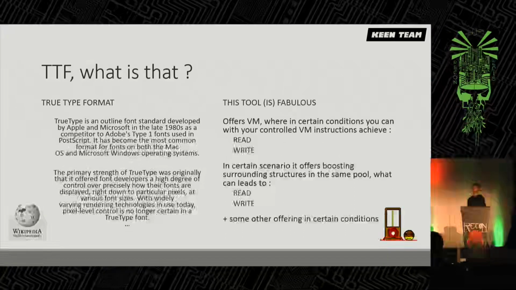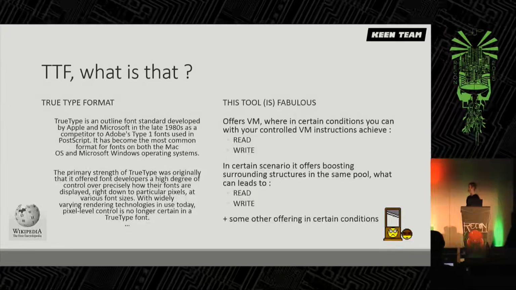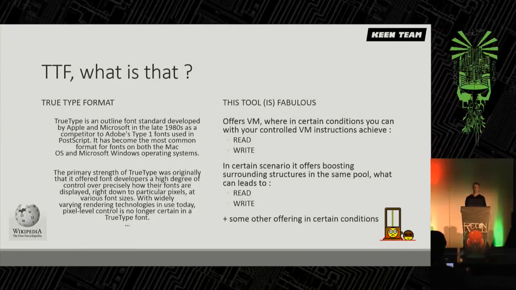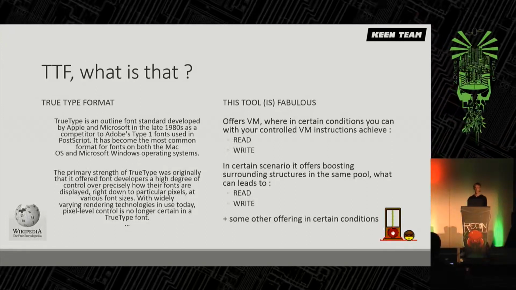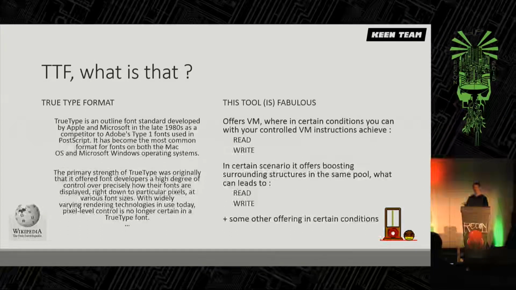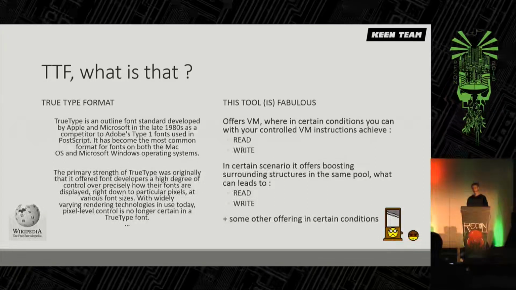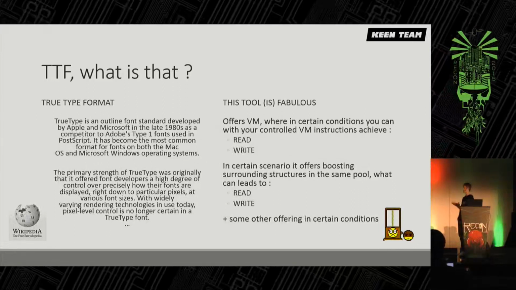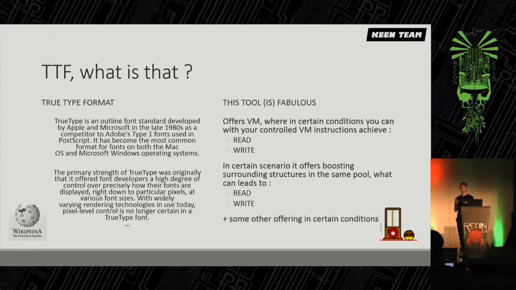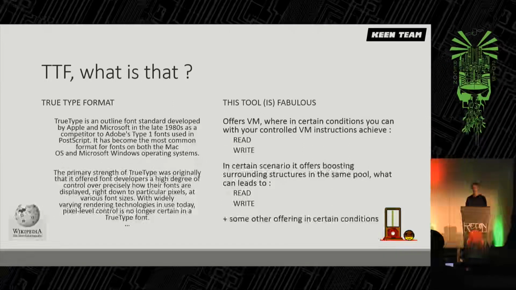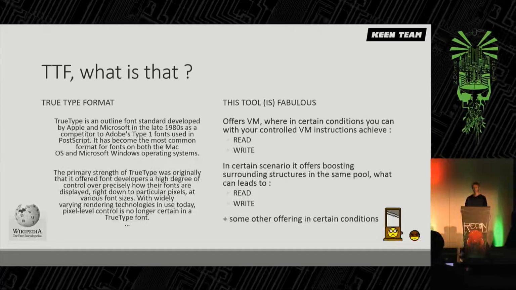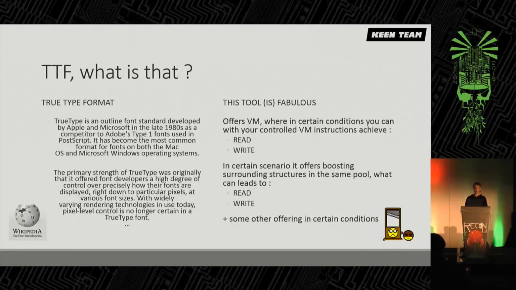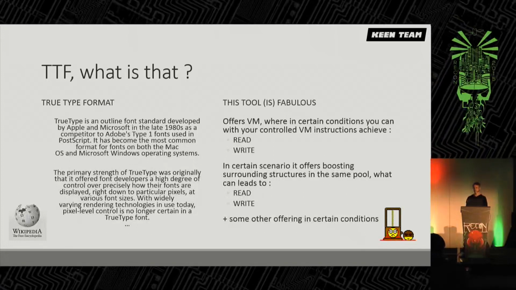Most important for me was a short explanation, and that it's a really cool tool which you can use to arbitrarily read or write kernel memory by virtual machine instructions, or you can use its feature that it can corrupt additional structures and memory around your TTF block, and that can in fact lead to the same arbitrary read or write. And that's enough for us to play with.